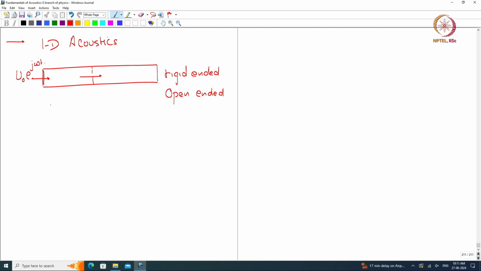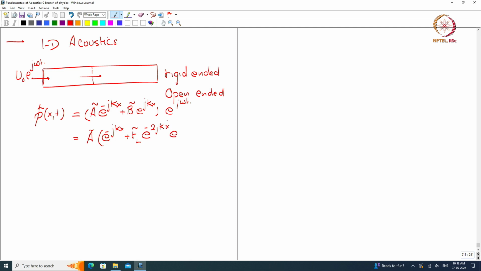Okay, and then the same solution holds: a tilde e to the power of minus jkx plus b tilde e to the power of jkx, times e to the power j omega t, and of course the same interpretation: minus jkx plus r tilde L e to the power jkL, e to the power plus jkx, e to the power j omega t.